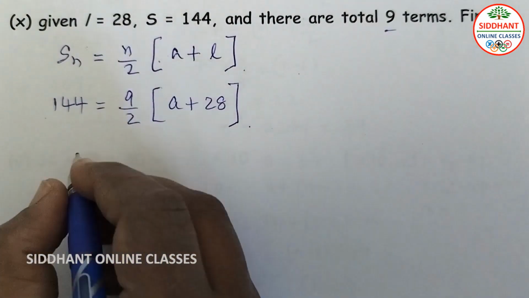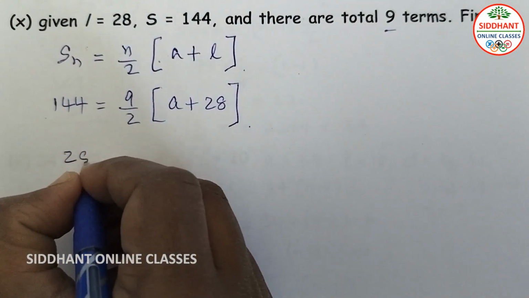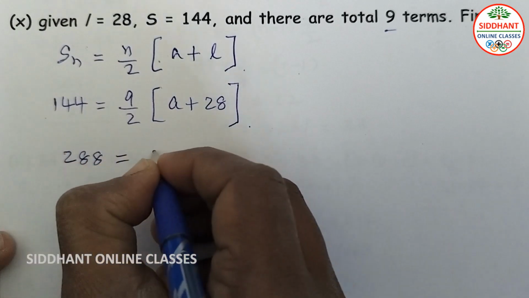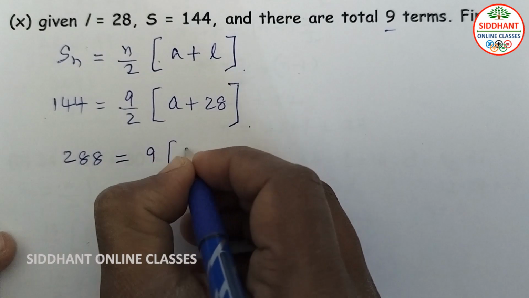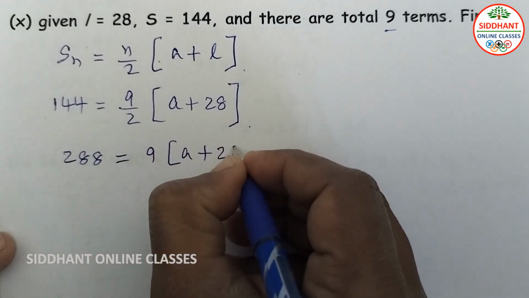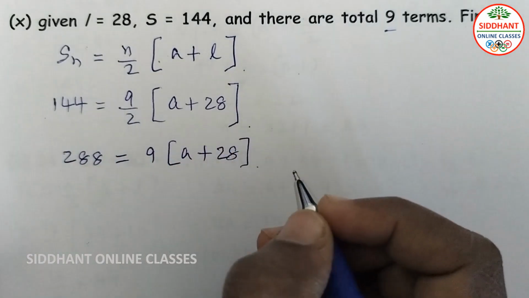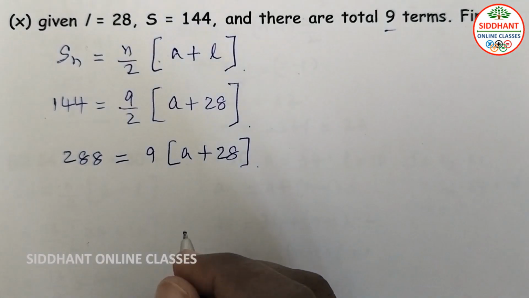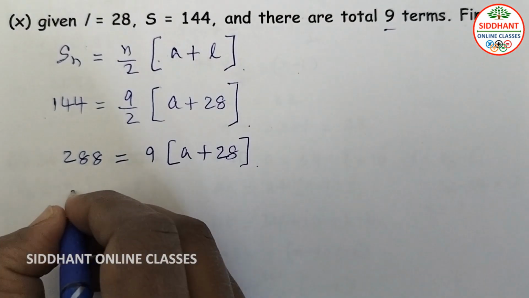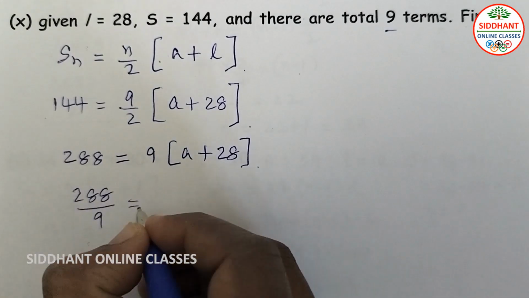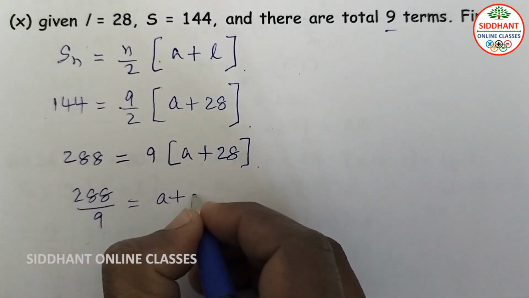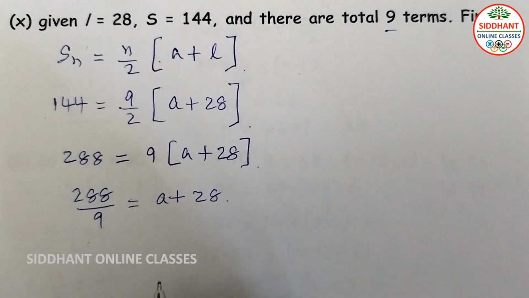Now 144 into 2 which will be 288, equal to 9 into (a plus 28). So 288 by 9 equal to a plus 28.